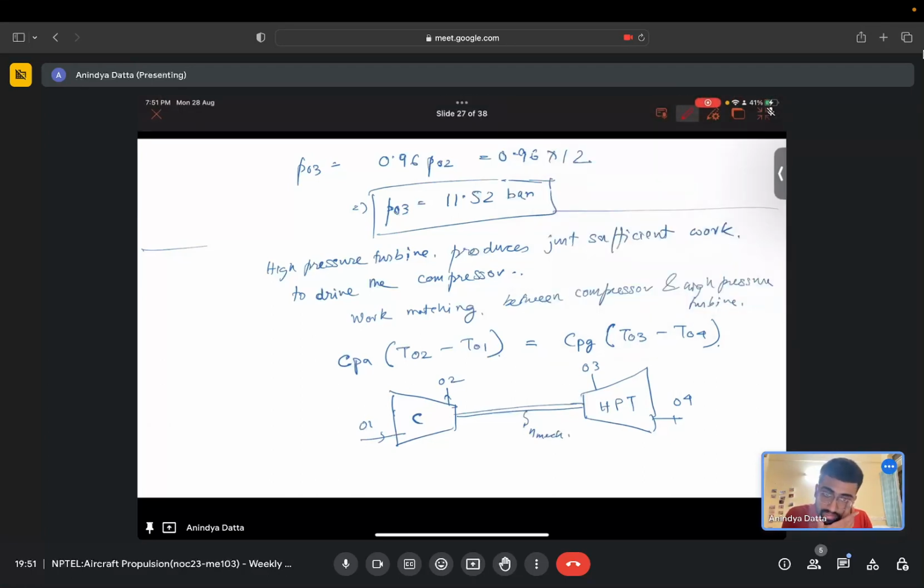So the actual work output from the turbine has to be slightly more than what the compressor requires, to compensate for the frictional losses, which we include as the mechanical transmission efficiency. All these efficiencies come in when we have a real cycle. So here we have to divide by eta mech.